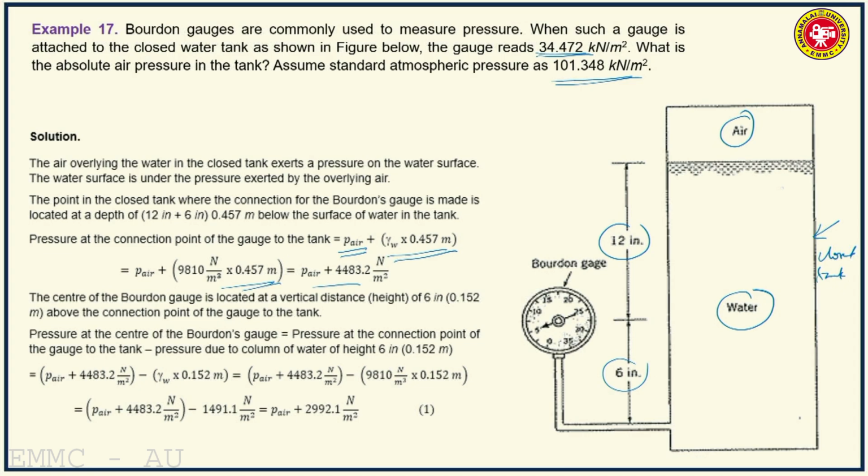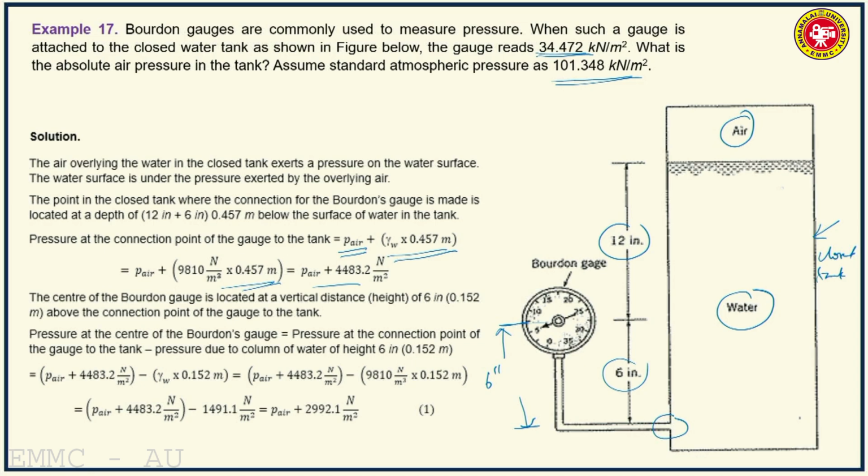The center of the pressure gauge is located at a vertical distance of 6 inches, that is 0.152 meters, above the connection point of the gauge to the tank. So the center of the pressure gauge, this is 6 inches, that is 0.152 meters above the connection point of the gauge to the tank.